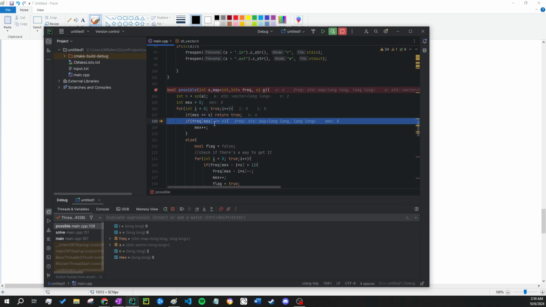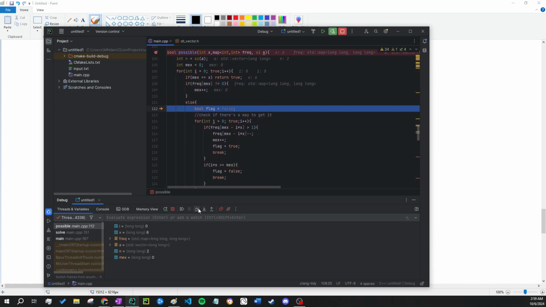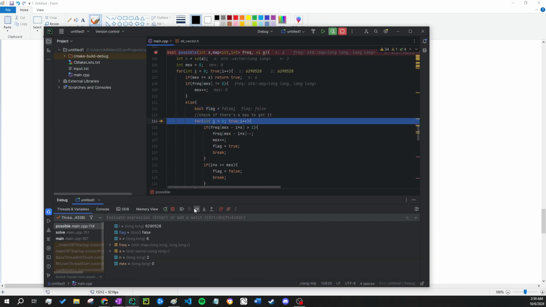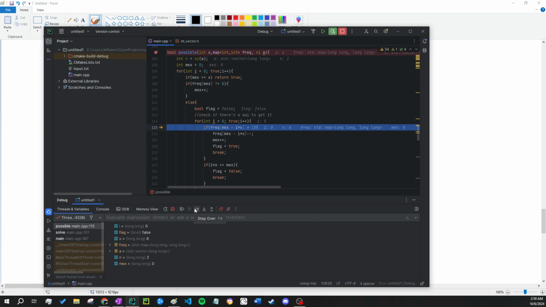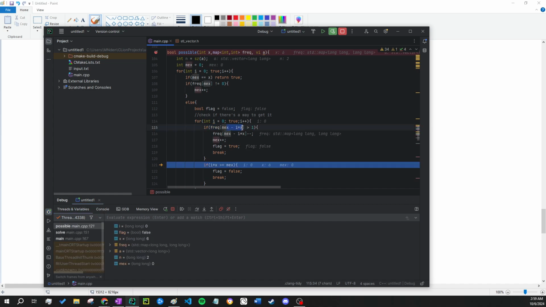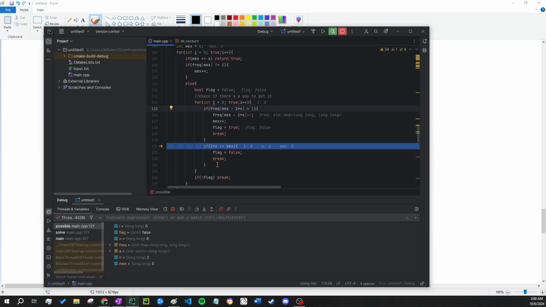Nope. Now let's see. Is 6 in this array? Absolutely not. So let's look for it in the array now. Now, hold on. This is actually a problem. So we have to loop through the whole thing first.